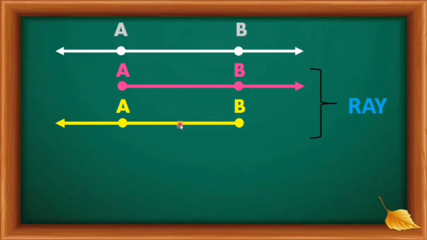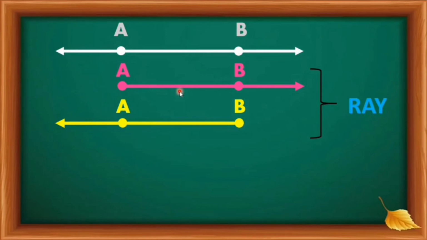Okay, so ngayon, what can we say about the length of a ray? Since a ray has one endpoint and has one arrowhead, meaning in this part of the ray, it extends in this direction infinitely. So, ibig sabihin, yung length ng ray is infinite.